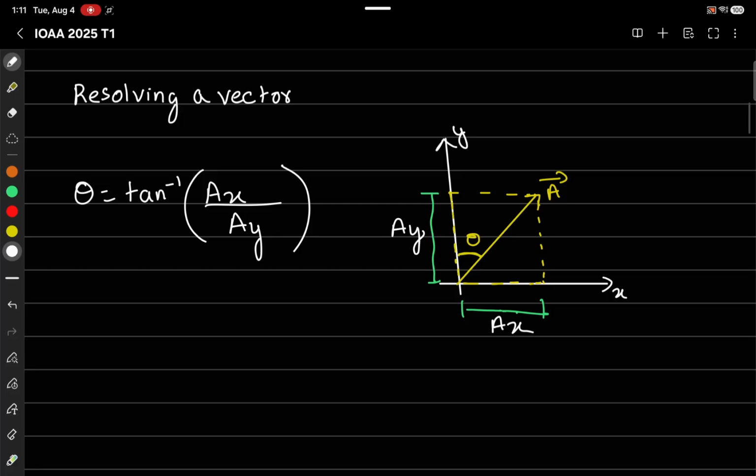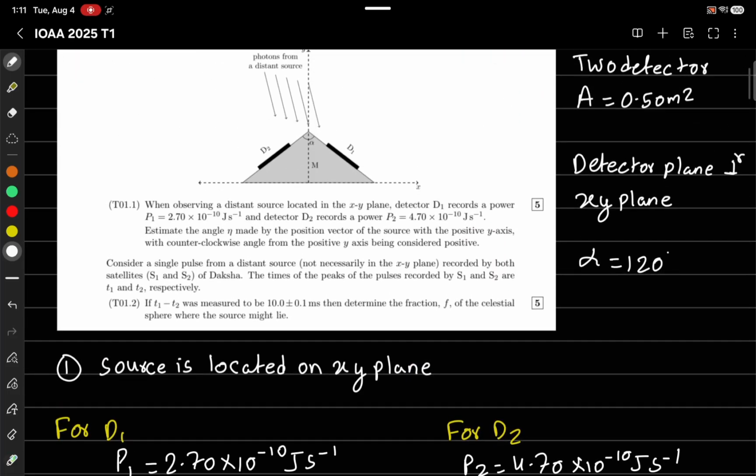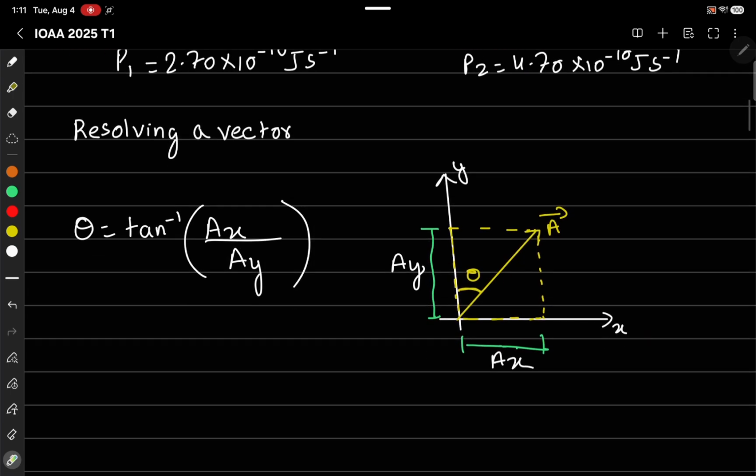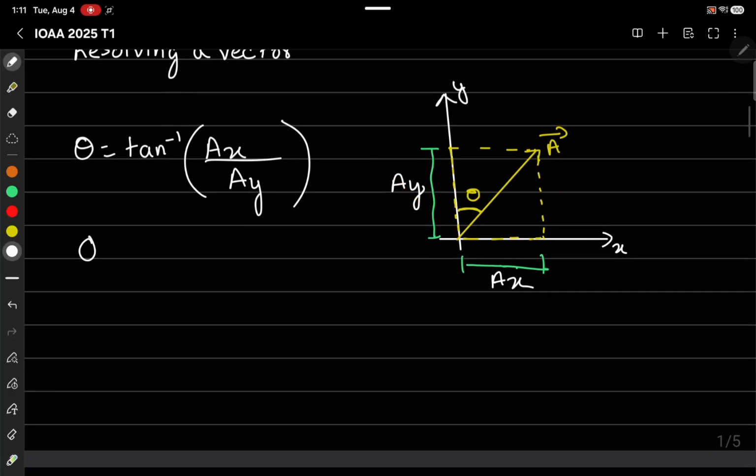But the question says that the counterclockwise angle from the positive y-axis is considered positive. That is, I need to make a symmetric vector a here, and then this theta is positive. So my question is that I need to find the angle when this is the case.